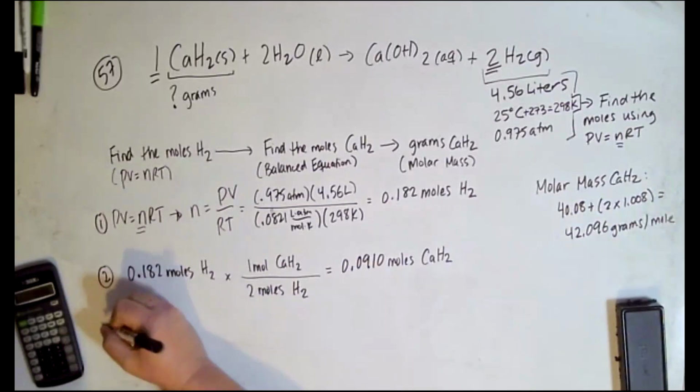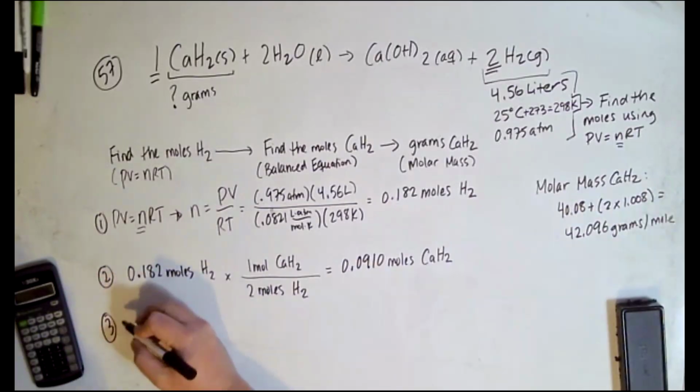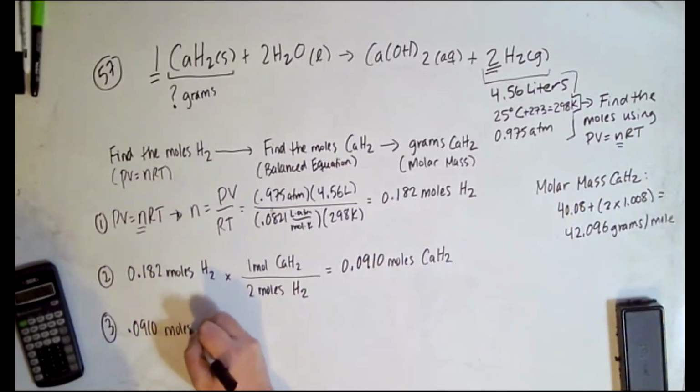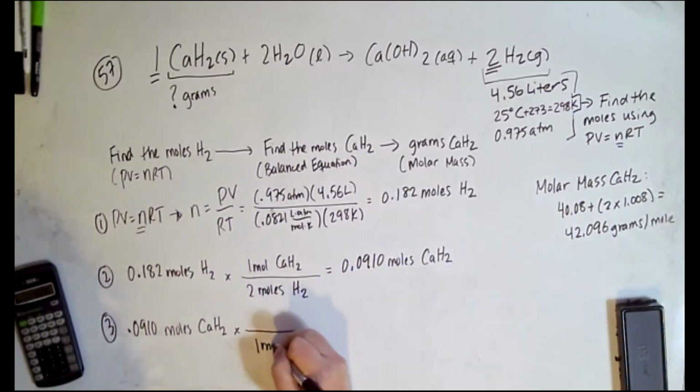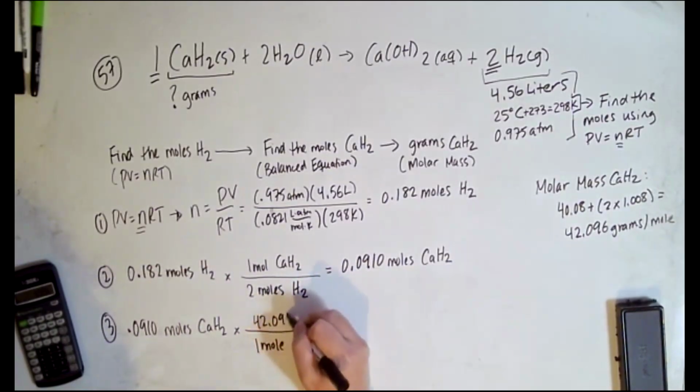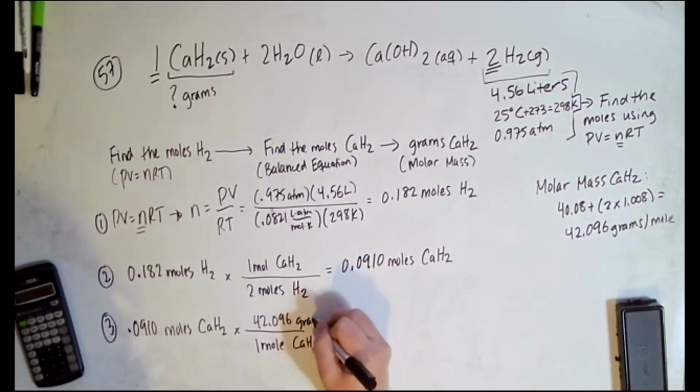Okay. So third step, if we have 0.0910 moles of CaH2, we know from our molar mass that every 1 mole is going to be 42.096 grams.